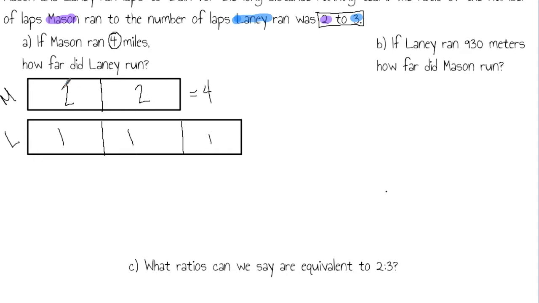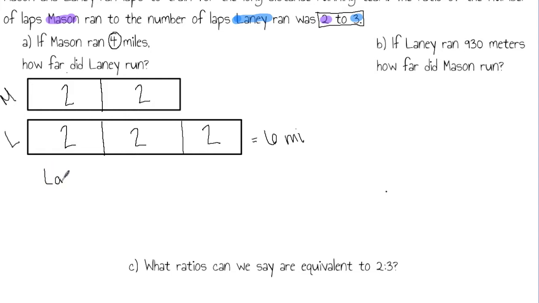Right now this is a lap, so each lap was worth 2 miles. One lap was worth 2 miles and the other lap was worth 2 miles, which gave you a total of 4 miles. However, everything has to be equivalent, everything has to be fair, we'll say. So that means each of Laney's laps also has to be equal to 2 miles, which tells us that she will have run 6 miles.